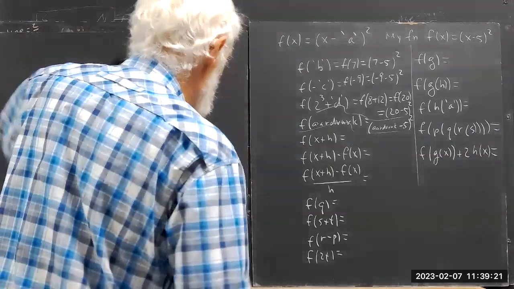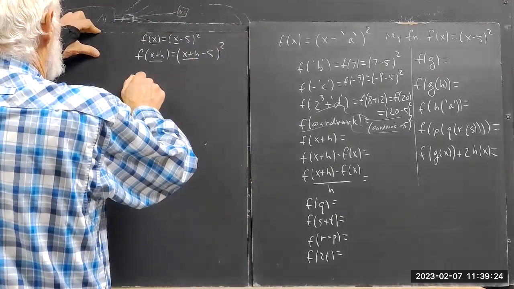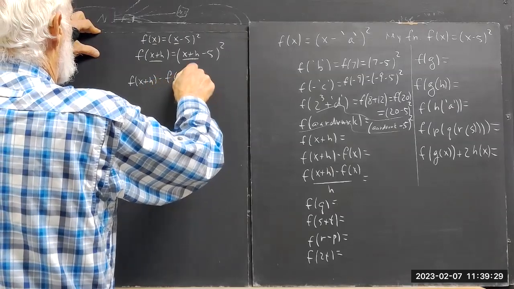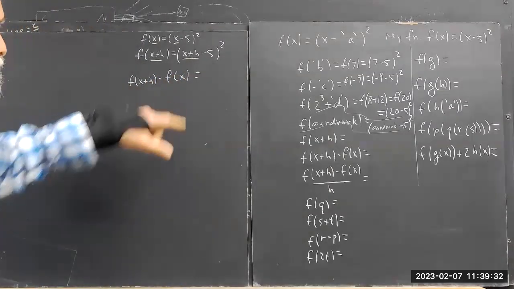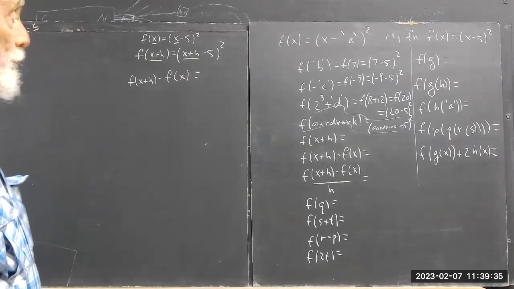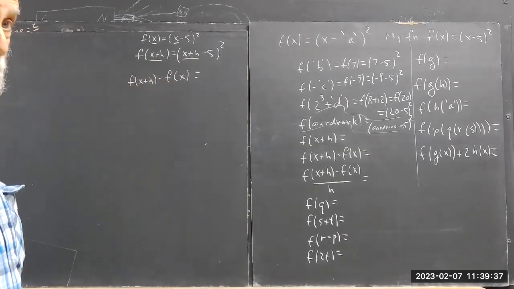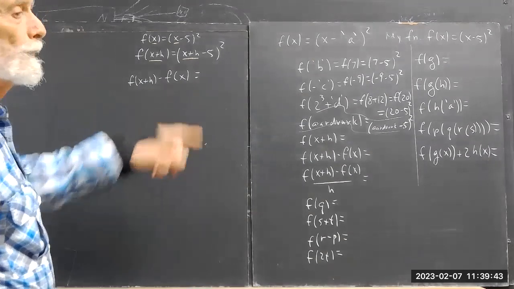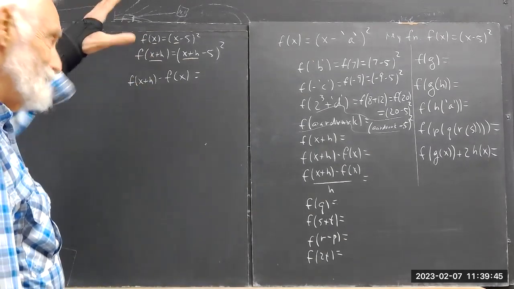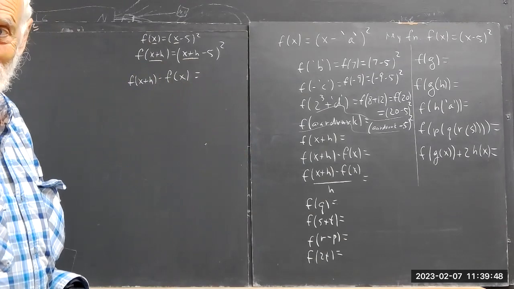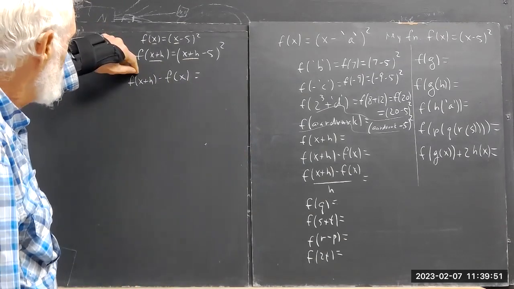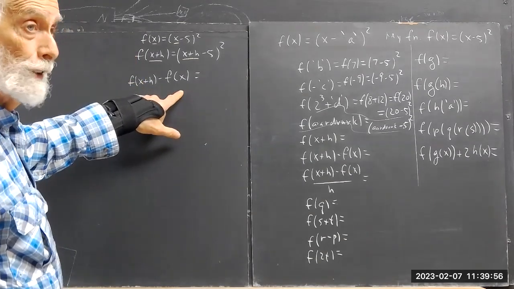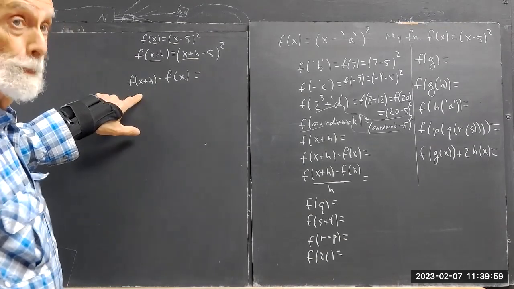Okay, so now we get down to f of x plus h minus f of x. Okay, now this is really important, maybe one of the most important expressions in all mathematics. It's the rise of your graph from 2 points, but that's coming up, okay? What's f of x plus h? That f of x there doesn't interfere at all with what f of x plus h is.